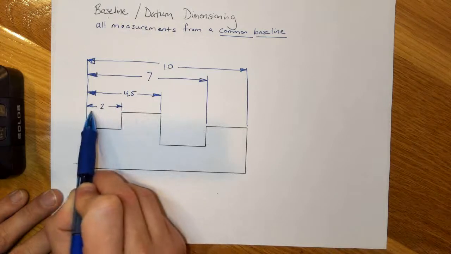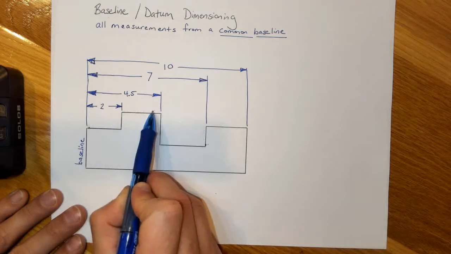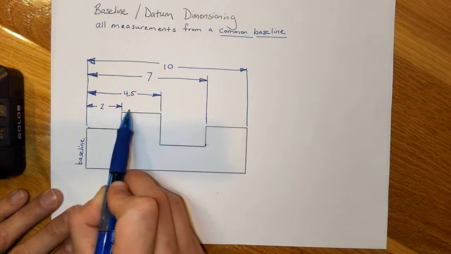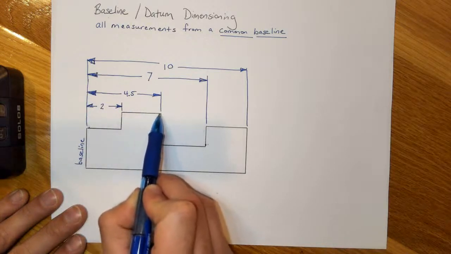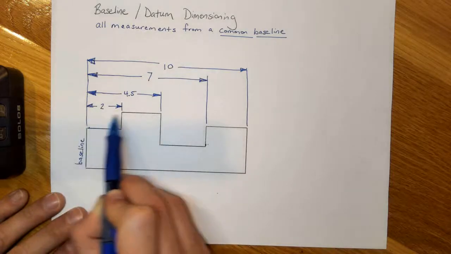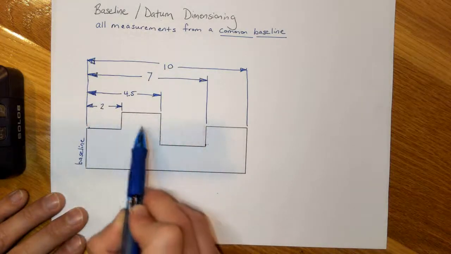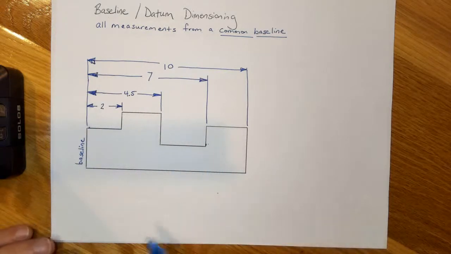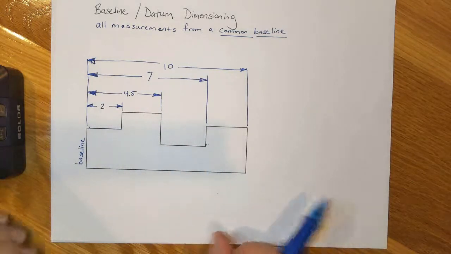Whereas if we were measuring here and then measuring this piece, if they were off 2/100ths here and off another 2/100ths in this measurement, by the time they get to this corner, they would have been off by 4/100ths, not just 2/100ths. So by always going back to that baseline, we can hopefully minimize how much each point is off should there be a mistake or some variance in the measurement.